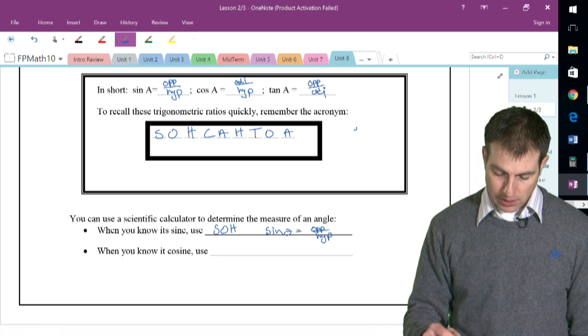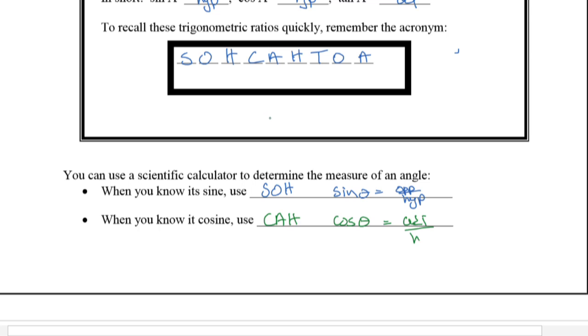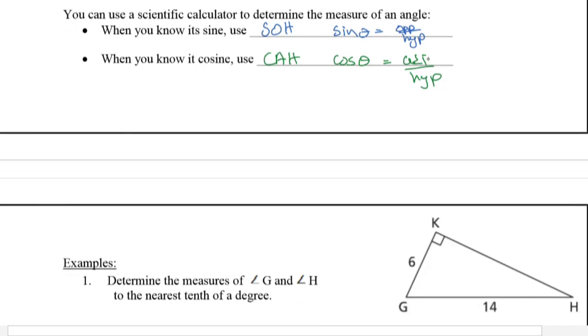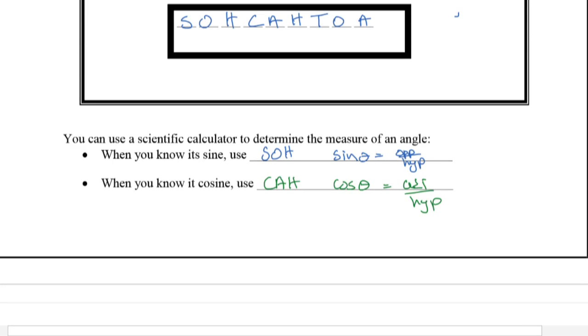The middle part is CAH, which means the cosine of some angle is the adjacent over the hypotenuse, because CAH gives cosine adjacent over hypotenuse. And lastly, but certainly not least, is TOA. I don't know what happened to TOA in our notes here, but we'll include it.